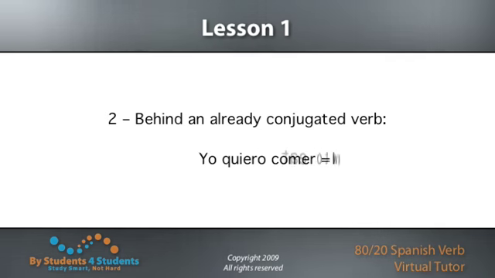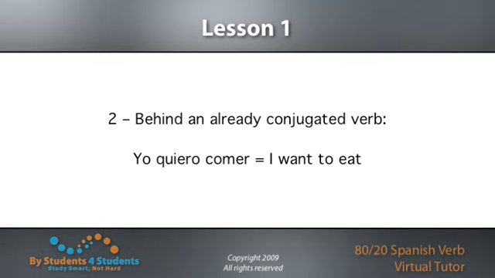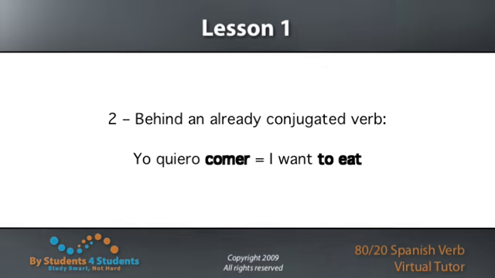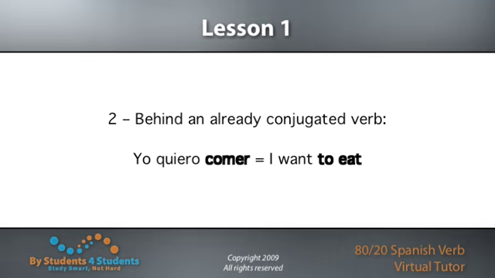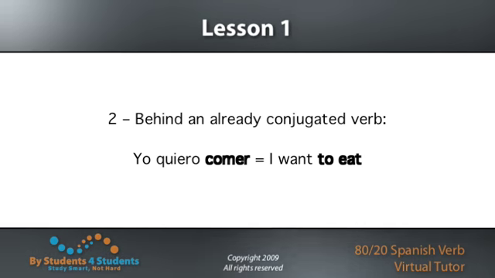Secondly, the infinitive is often used by placing it behind an already conjugated verb. For example, "I want to eat," yo quiero comer, or "they have to have the products," ellos tienen que tener los productos.